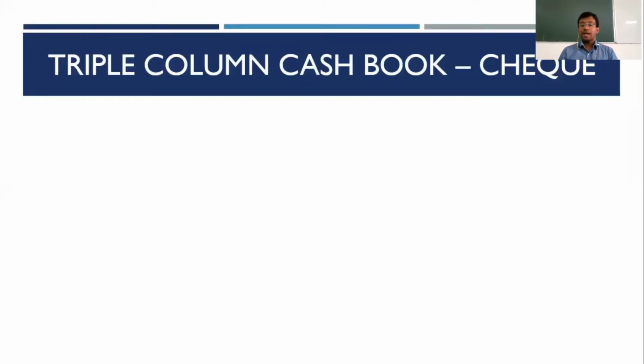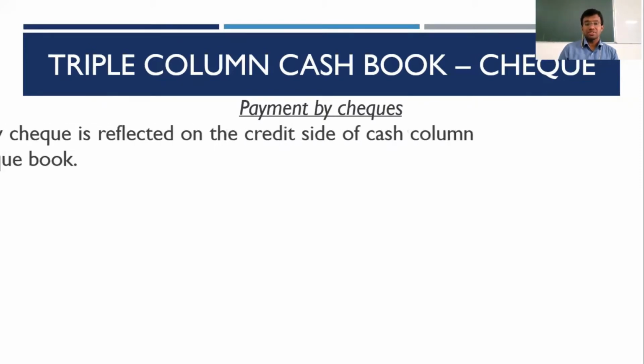In the three column cash book, the treatment of check transactions is slightly different from the other two cash books that we have learned. The first scenario is payments by check, whenever you have to pay some money to someone and you're issuing a check from your firm.